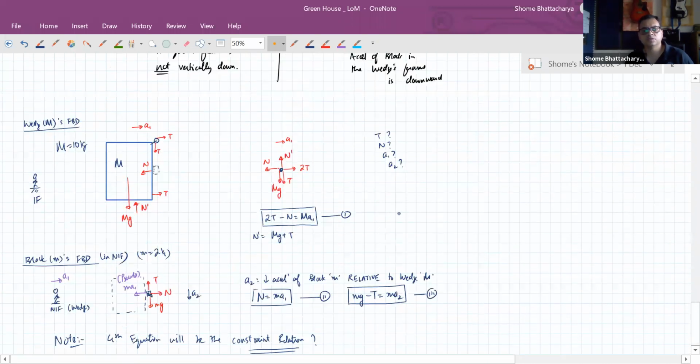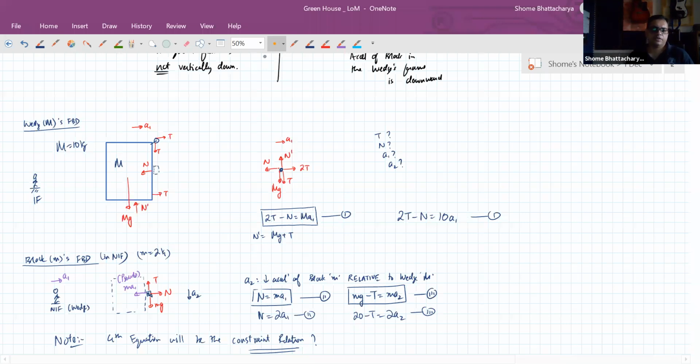Okay. So this equation will become 2T minus N is equal to 10a1. Then this one will become N is equal to 2a1, and this will become 20 minus T is equal to 2a2. Now, what is the relationship between a1 and a2? Can anyone tell me that? Just apply thread length conservation in the original diagram.